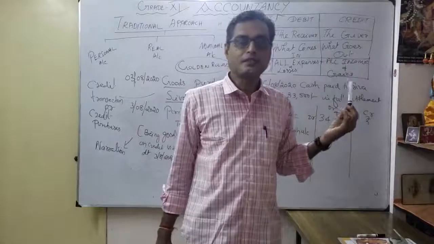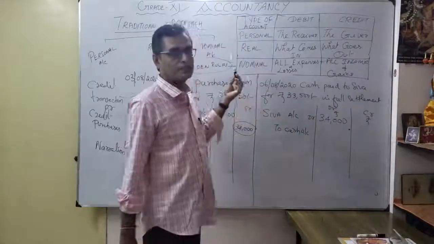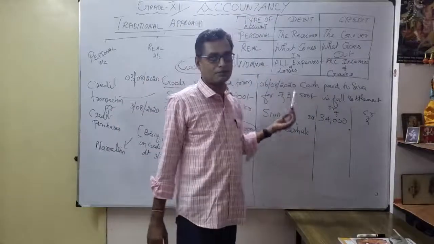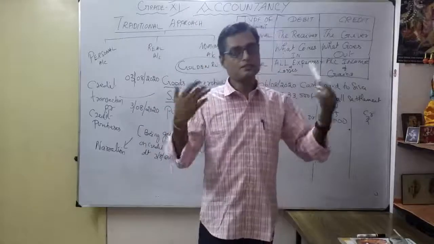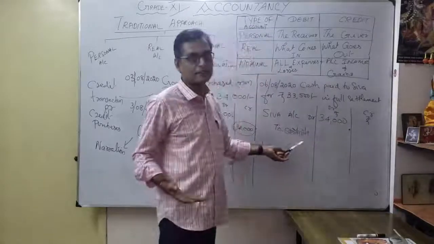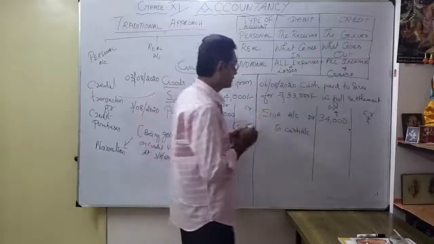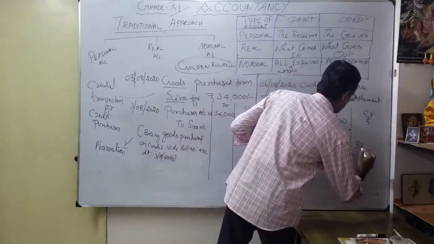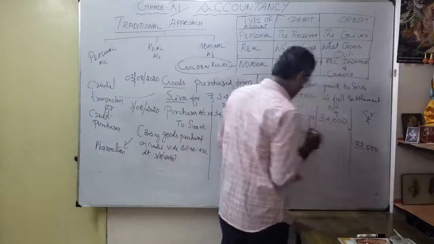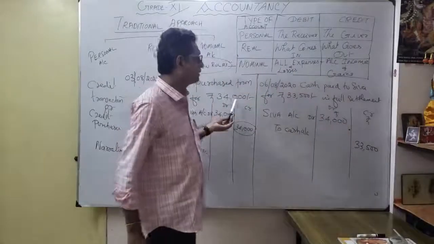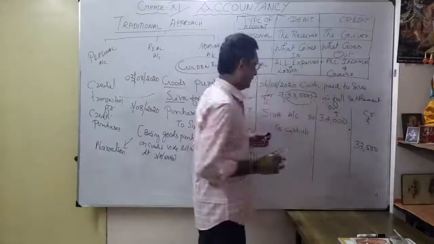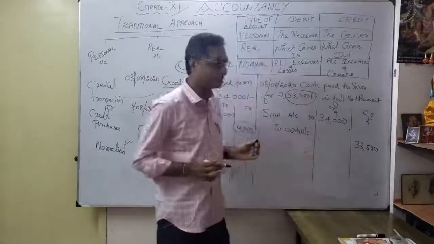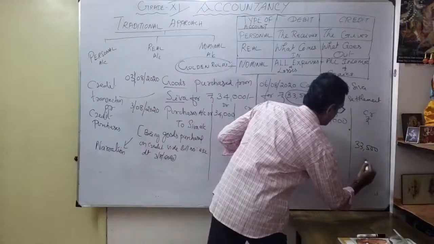According to the rule, debit what comes in, credit what goes out. Naturally our cash goes out, that's why I am crediting the cash account, 33,500. Instead of 34,000, we paid only 33,500. So here you see a difference is coming, that 500.